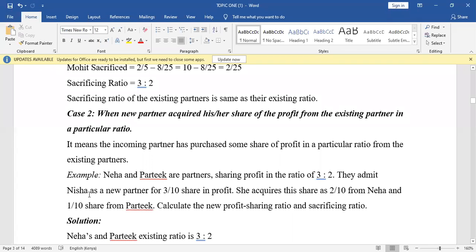They admit Nisa as a new partner for 3/10 share in profit. She acquires her share as 2/10 from Nea and 1/10 from Patrick. Calculate the new profit ratio and sacrificing ratio.